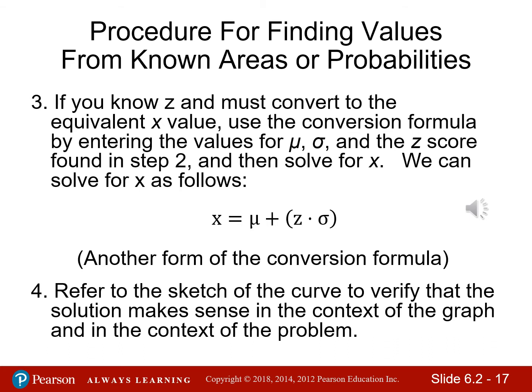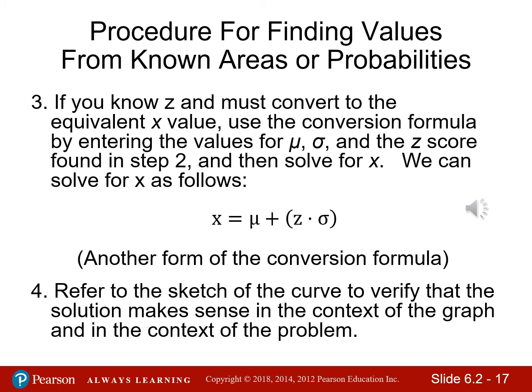Third, if you know z and you must convert it to an equivalent x value, use the conversion formula by entering the values for the population mean mu, the standard deviation sigma, and the z-score found in step 2, and then solve for x.